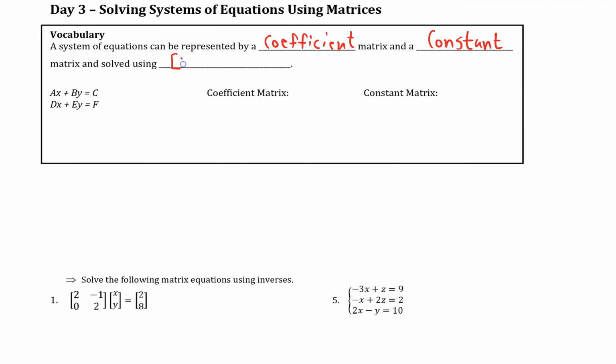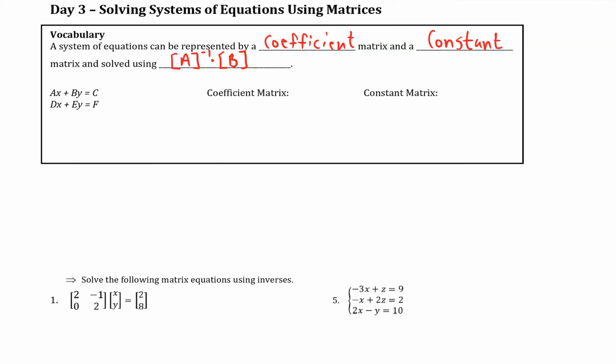It would be the inverse of A times the matrix B. And we'll talk about how that works in terms of looking at the problem, setting this up and doing the work. So let's look at the following.